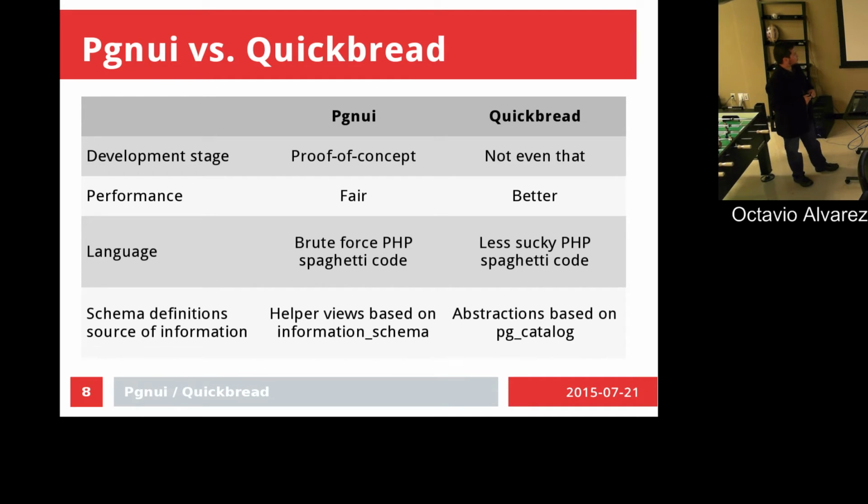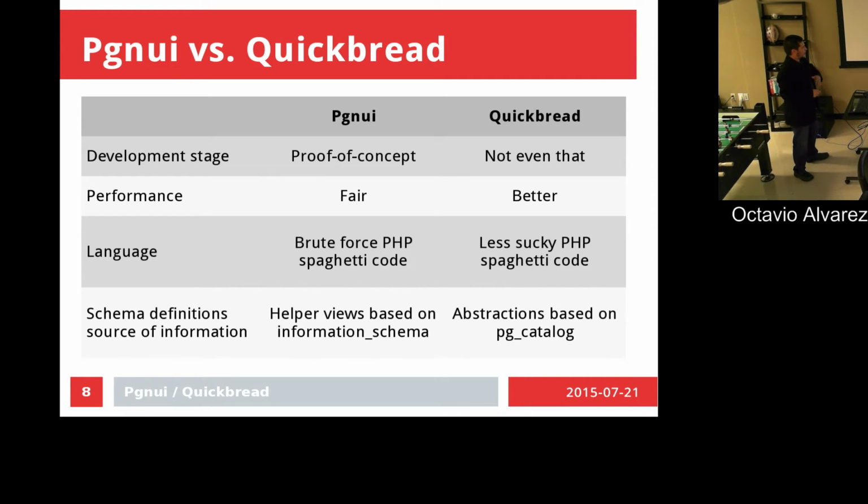Also, the code is PHP spaghetti code, and it was brute force, because I had to change my mindset when I was programming this. I was so used to creating a UI for a particular data layout, and now I have to develop for a generic layout, for any layout.